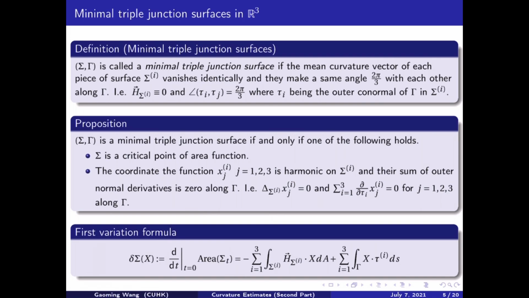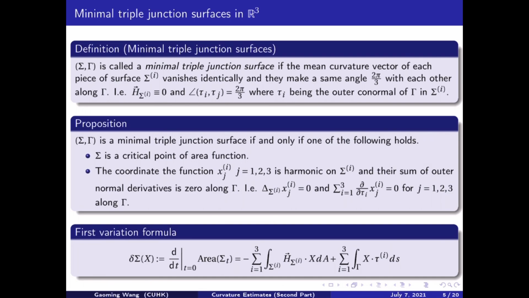This means that each piece of surface is a minimal surface with boundary. The angle condition here just says the outer conormals τ_i make an angle 2π/3 with each other. This angle condition is equivalent to the condition that the sum of τ_i is a zero vector field along γ.